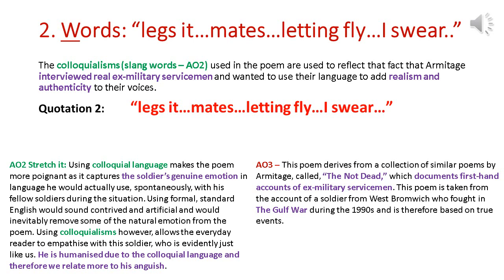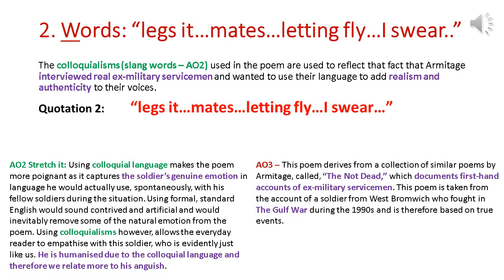Now these are all colloquialisms or slang words and phrases, and they're used to reflect the fact that Armitage interviewed real ex-military servicemen, and he wanted to use their language to add realism and authenticity to their voices and their stories.